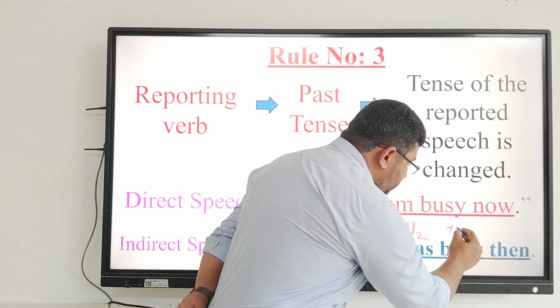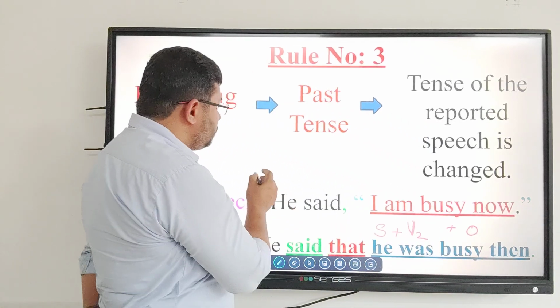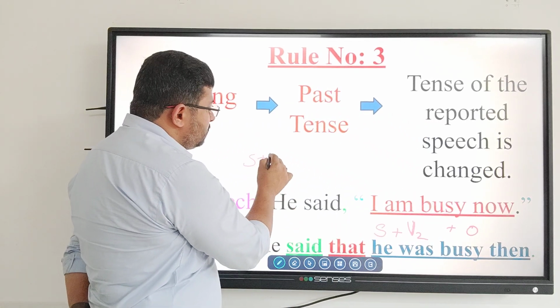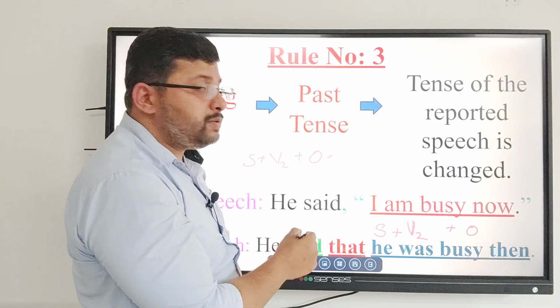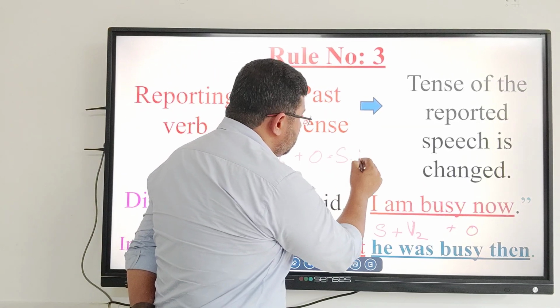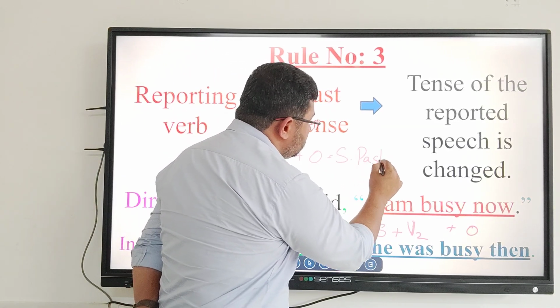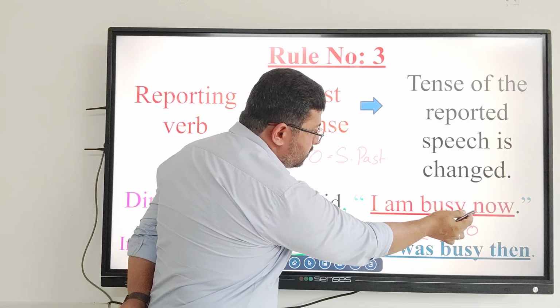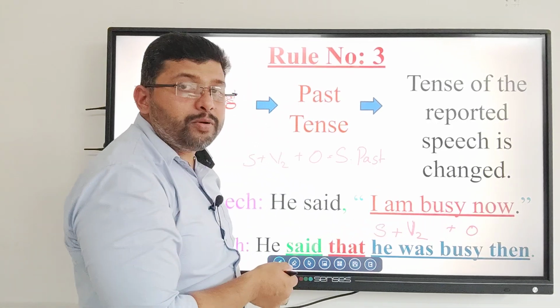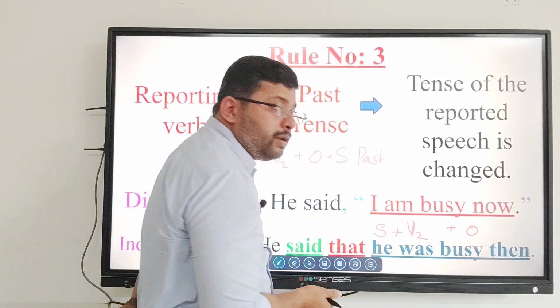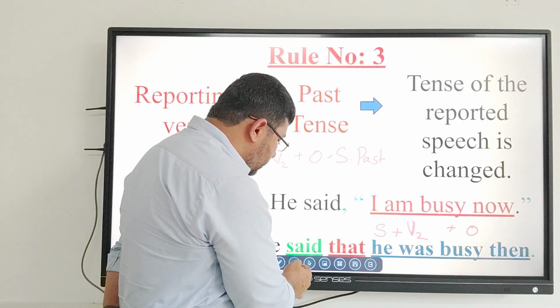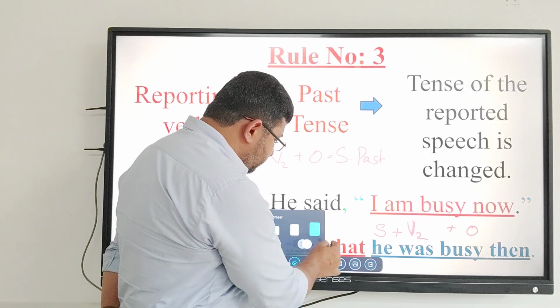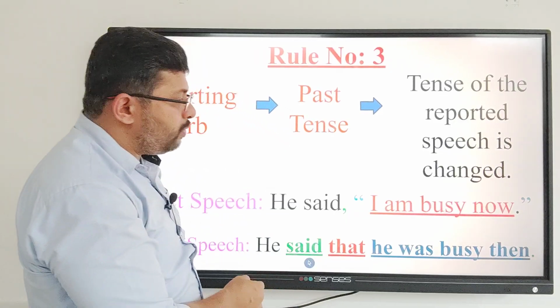Then the object. So just imagine subject plus second form of the verb plus object, which means this is in simple past. This is in simple present and this is in simple past. So there are many rules regarding this particular part. We will discuss it one by one.